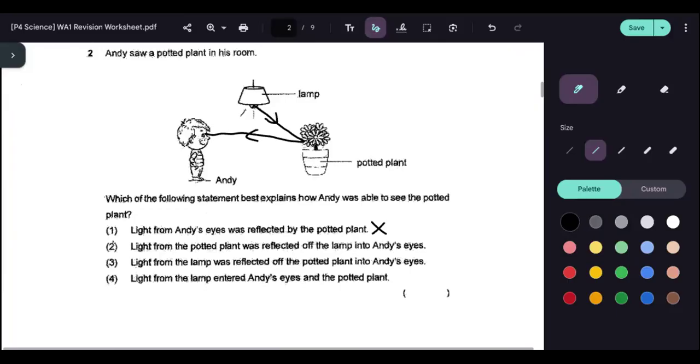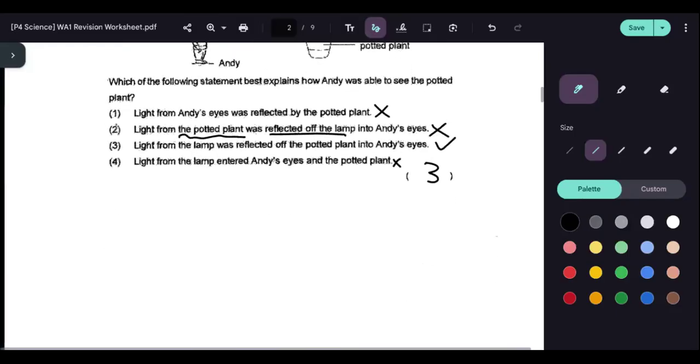Next, the light from the potted plant was reflected off the lamp into Andy's eye. This one is wrong also because it says light from the potted plant. Does the potted plant produce light? No. Next, light from the lamp was reflected off the potted plant into Andy's eyes. This is true. So the answer will be 3.